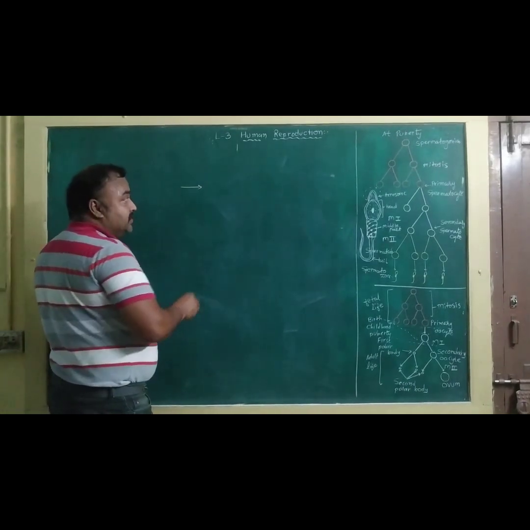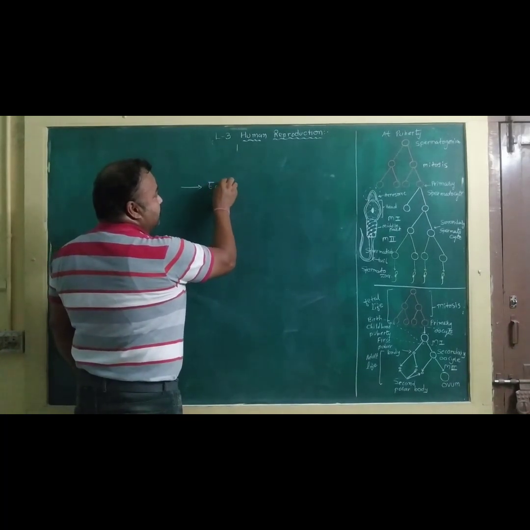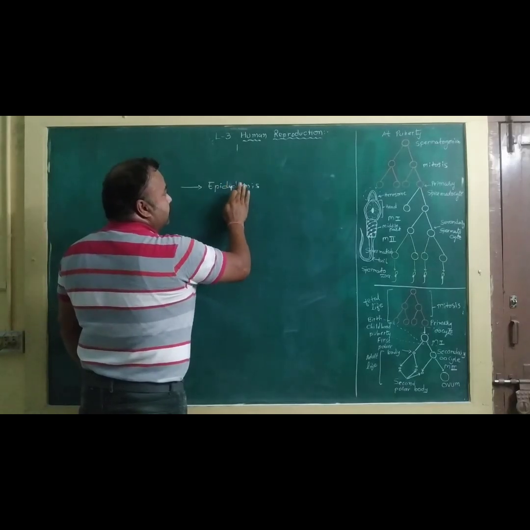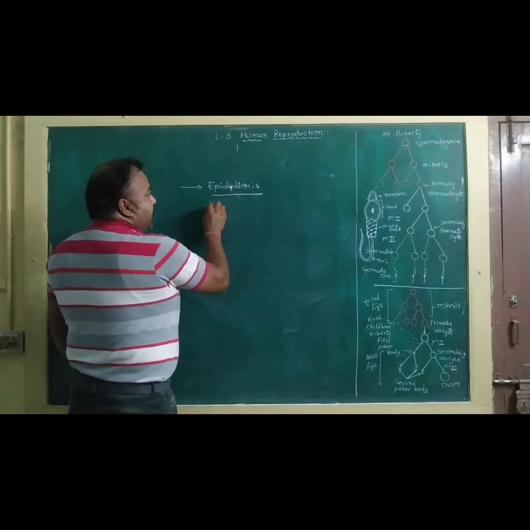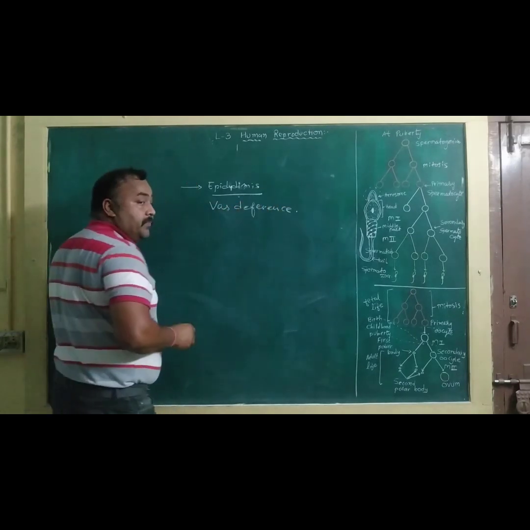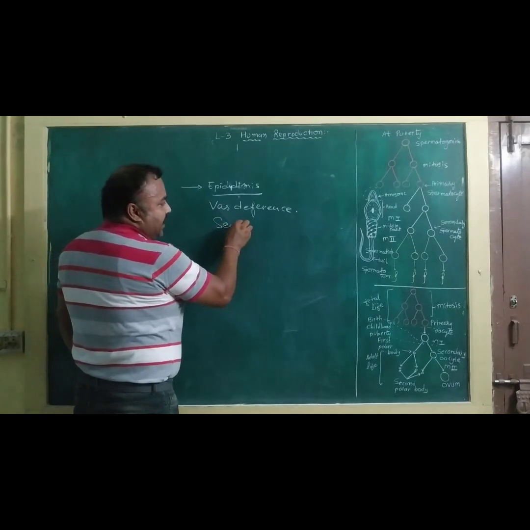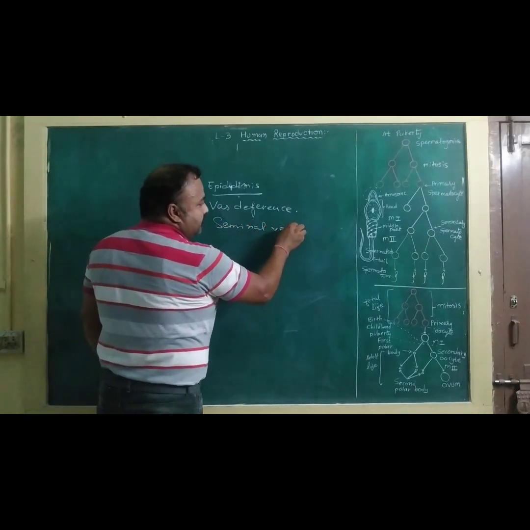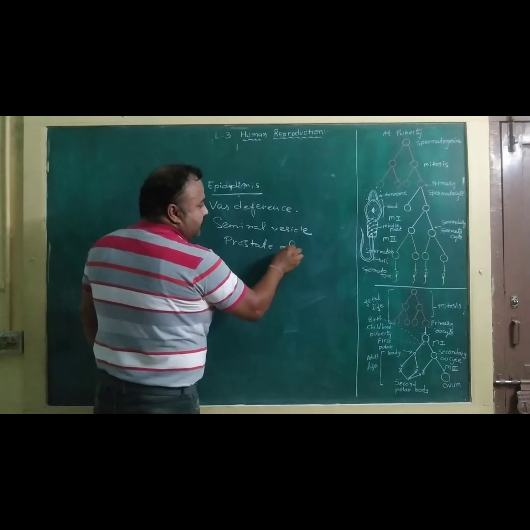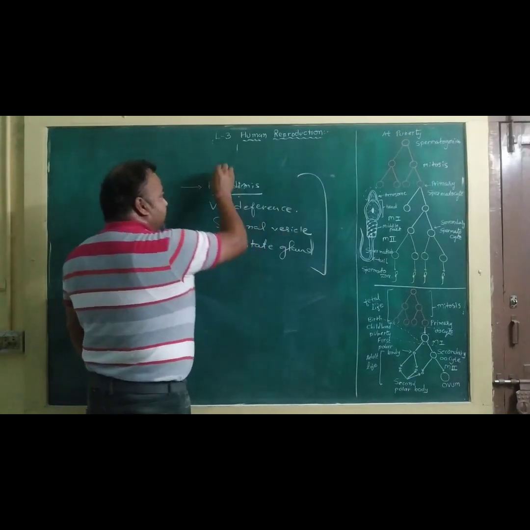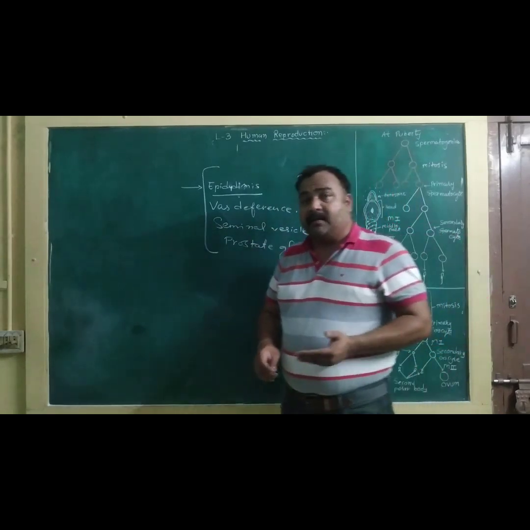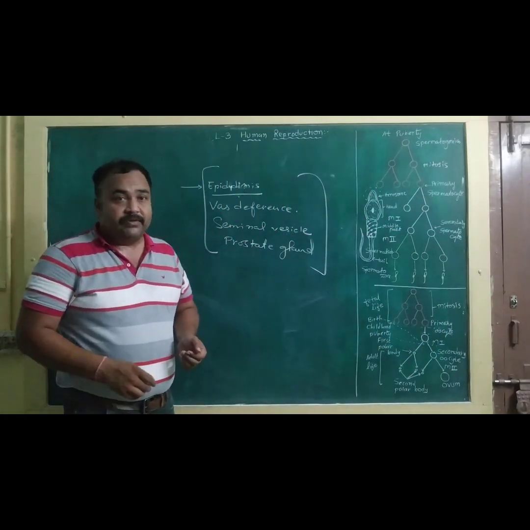The accessory ducts like epididymis, then vas deferens, then the glands like seminal vesicle and prostate gland, these structures are responsible for the maturity, for the development, and for the functionality of the sperms.